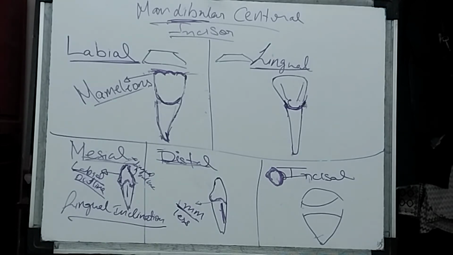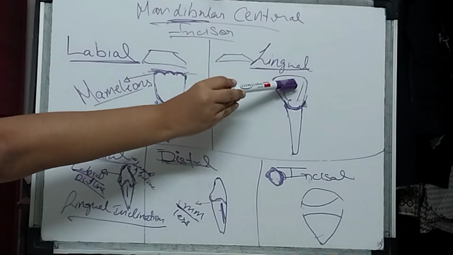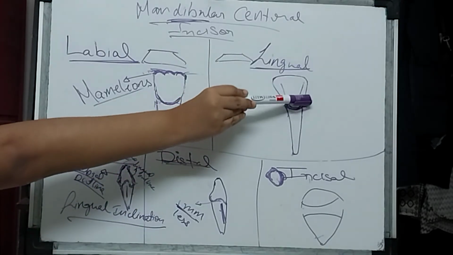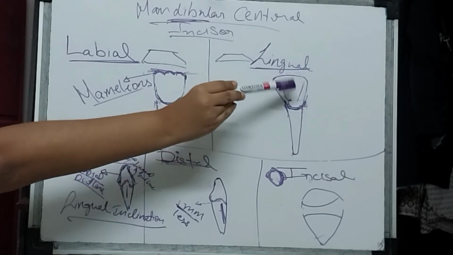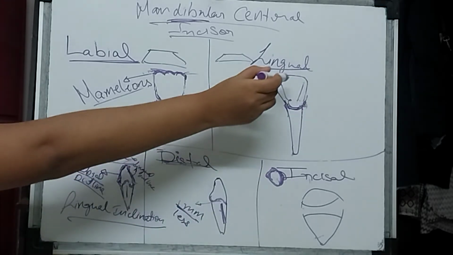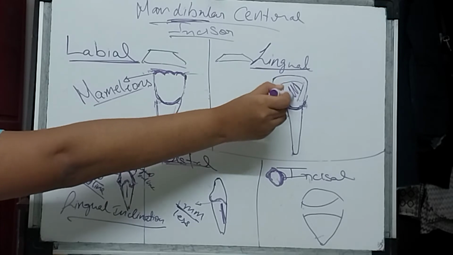And yes, the lingual fossa. How is the lingual fossa formed? If you have seen my previous videos, it is the same. So the lingual fossa is bounded by the mesial and distal ridges, and the cingulum forms the lingual fossa. This is the lingual fossa.